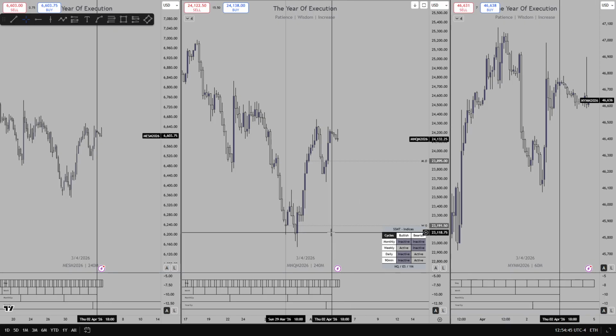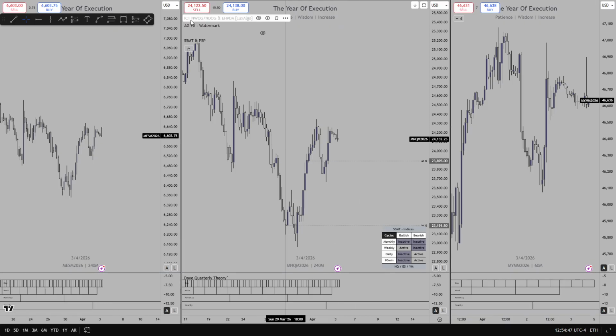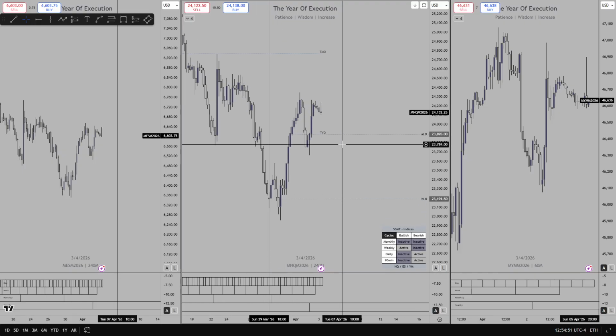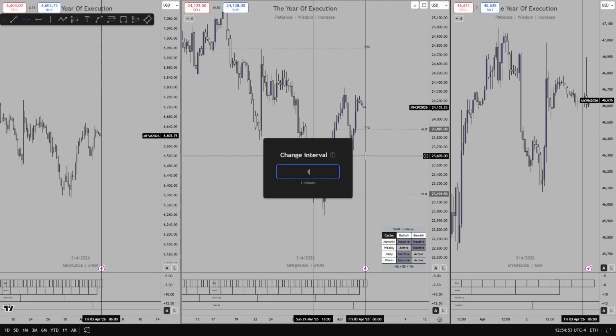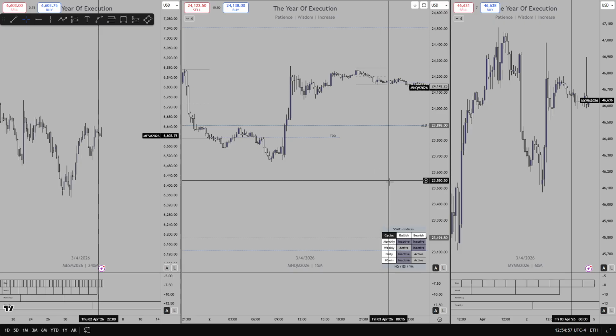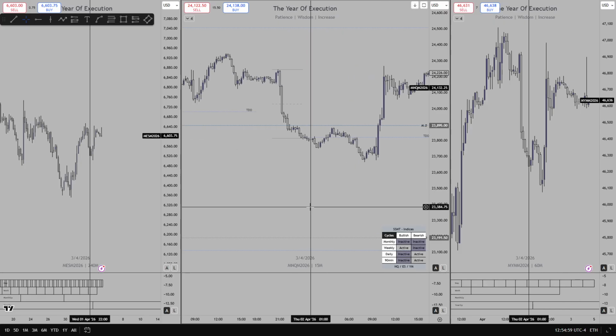Maybe if we retrace, let me just check the daily DFR just to see where we can retrace to.